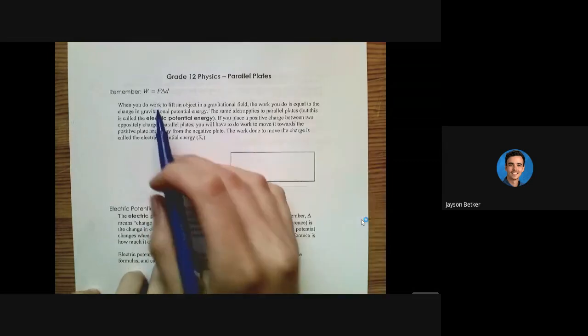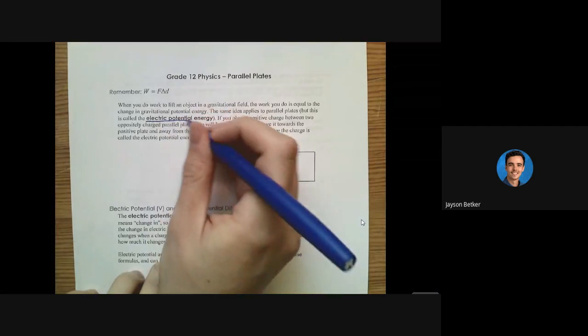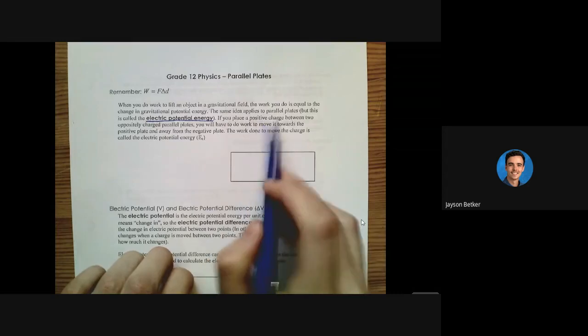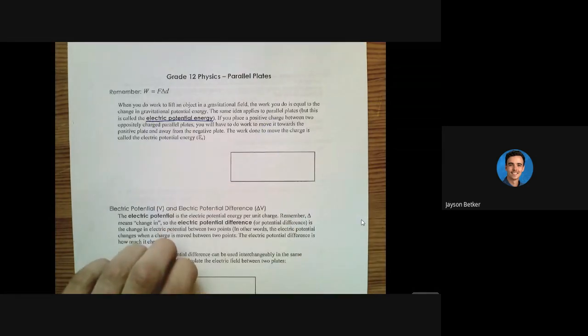And we don't call it gravitational potential energy, we call it electric potential energy. How this works is, if you imagine that you place a positive test charge between two oppositely charged parallel plates, where one has a positive charge and one has a negative charge, which way is that positive test charge going to want to go?